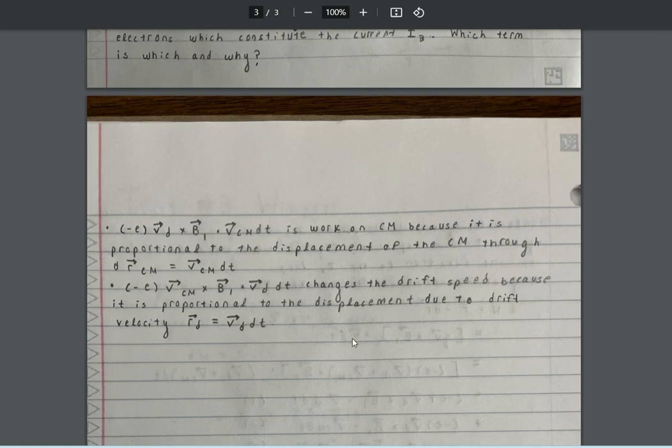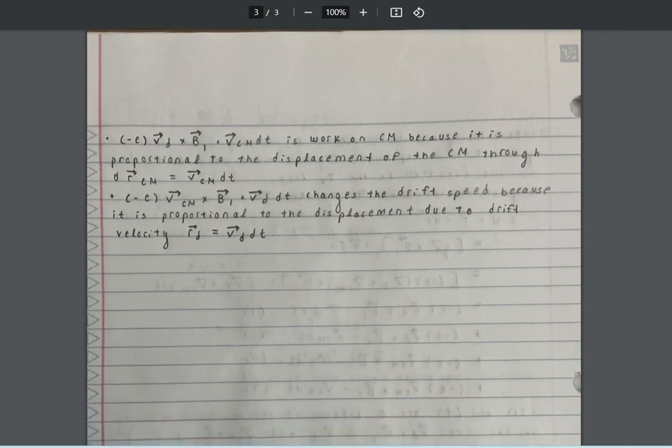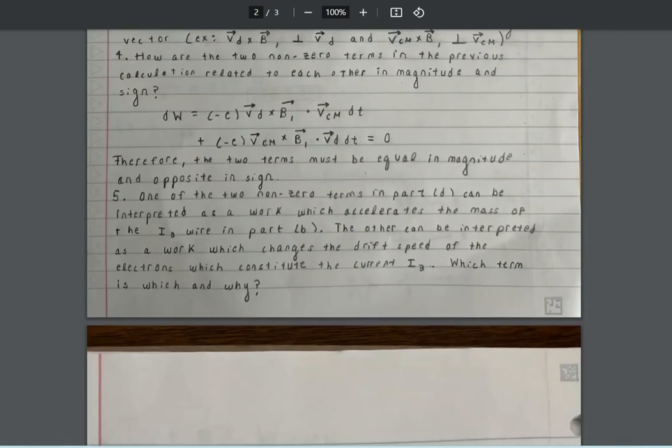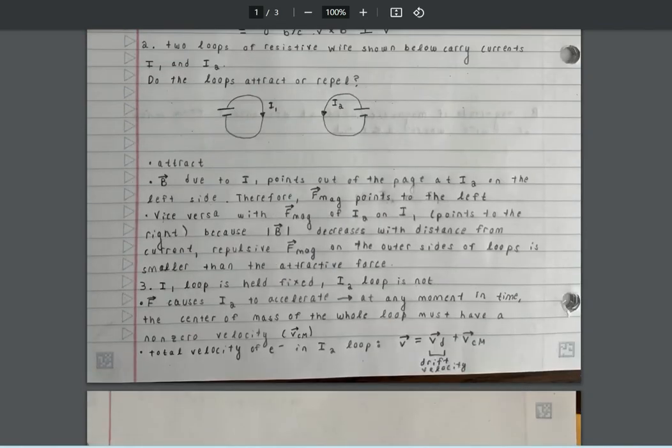And this changes the drift speed because it's proportional to the displacement due to drift velocity. So in other words, dr equals the drift velocity times the change in time. And that is the second problem.